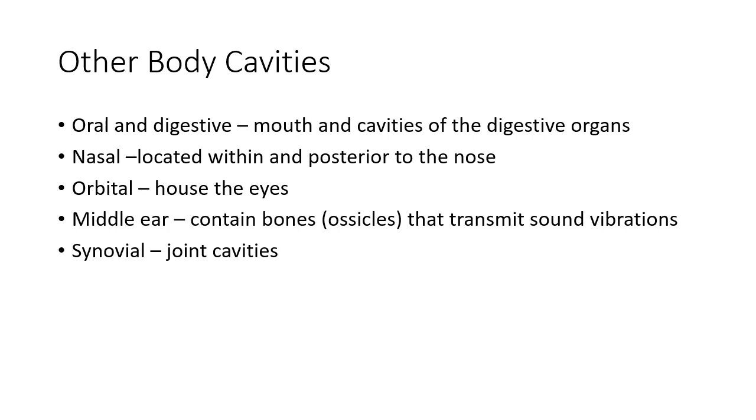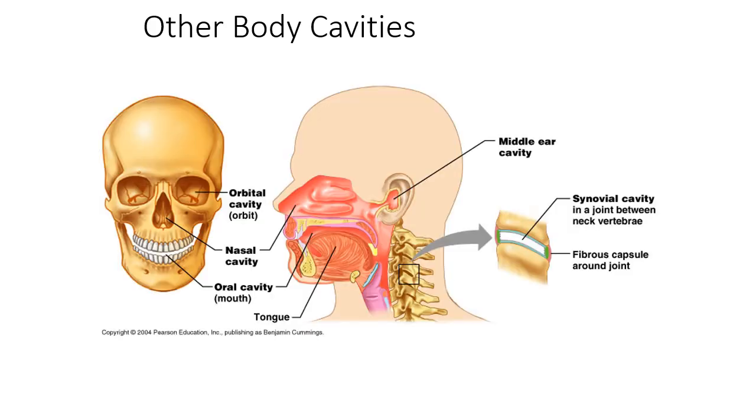In addition to the big body cavities, we have some smaller body cavities throughout the body as well. And so for the digestive tract, we have the oral cavity, and then that continues down through the digestive tract itself. We have the nasal cavity, and so this is the space where the nose is. Pictures here. So we have the nasal cavity that's there. We have the oral cavity for the mouth going inside there.